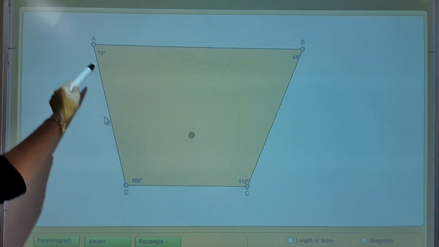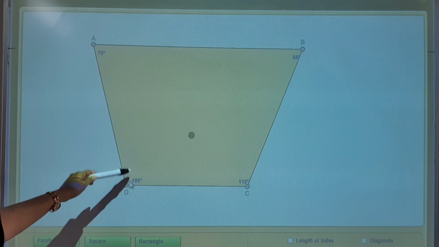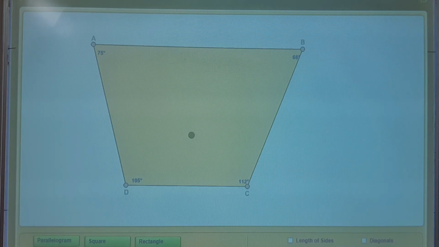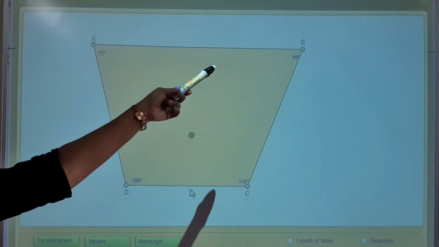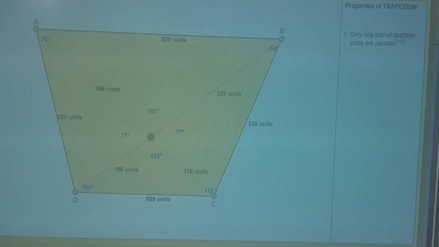Because these two are parallel and this is the transversal. That is why here 105 plus 75 is equal to 180 degree. Likewise, 112 plus 68 also 180 degree. Is this clear, children? Here only one pair of opposite sides are parallel.